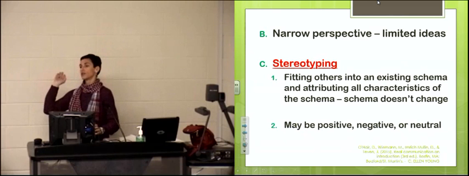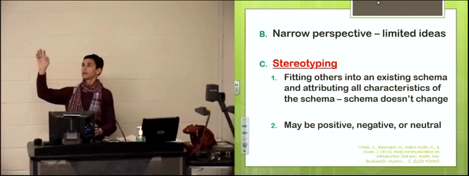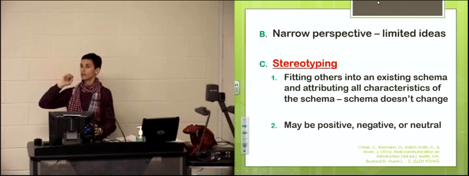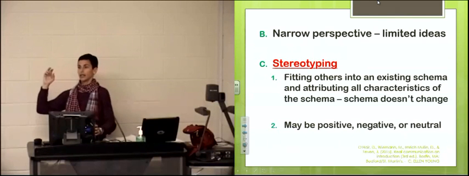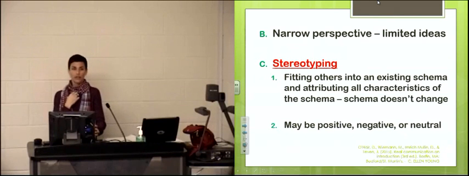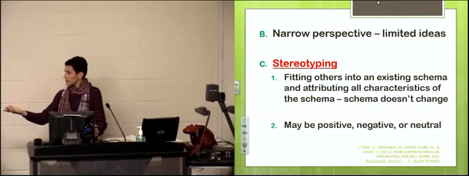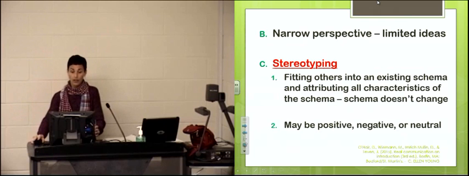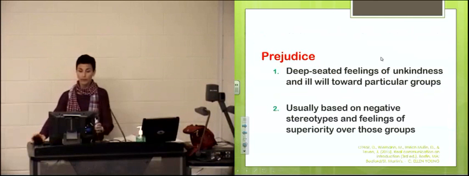So if you attributed to Kristen all the characteristics of someone who you stereotype as liking country music based on her flannel shirt, then you would definitely be stereotyping, not allowing for all of her individual characteristics. And those could be positive, negative, or neither one, just factual. But again, they're limiting. We have to rely upon them at times, but we really need to be aware.